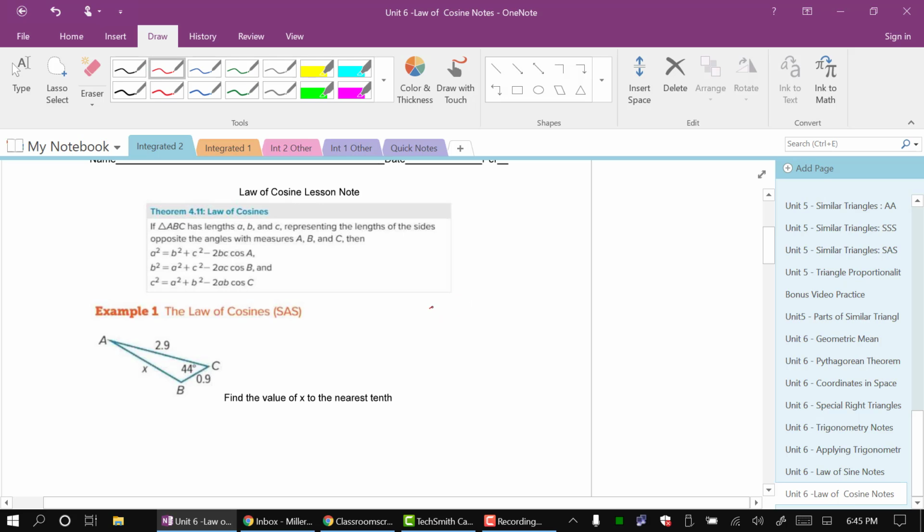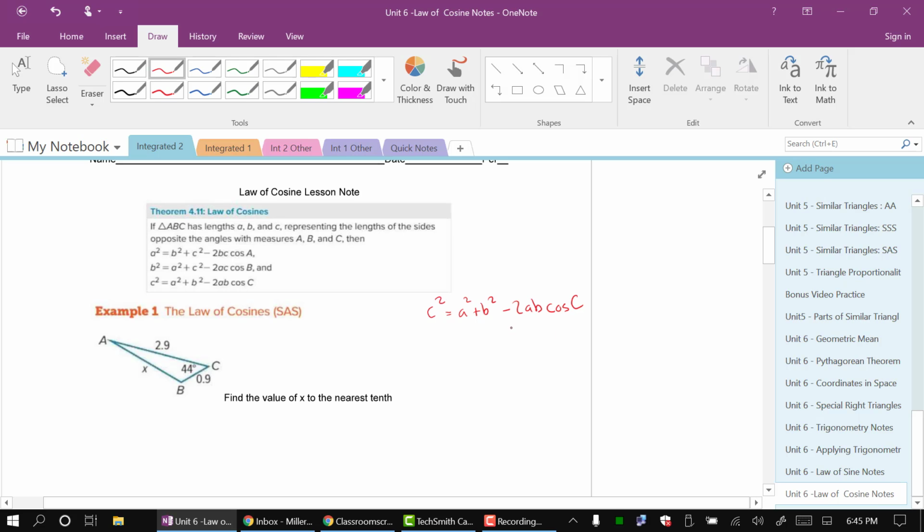So c squared, the one that's x, equals a squared, that is 0.9, plus b squared, that is 2.9, minus 2ab cosine C, and C is 44 degrees.